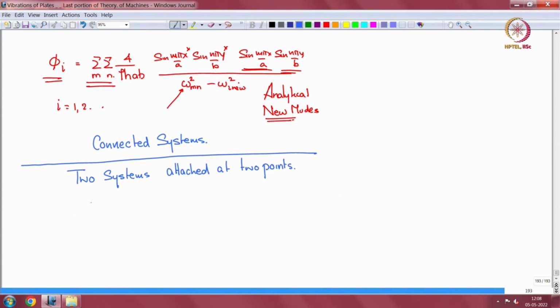So we have system A again, point 1 on system A, point 2 on system A, and then system B, point 1 on system B, point 2 on system B. They are connected.